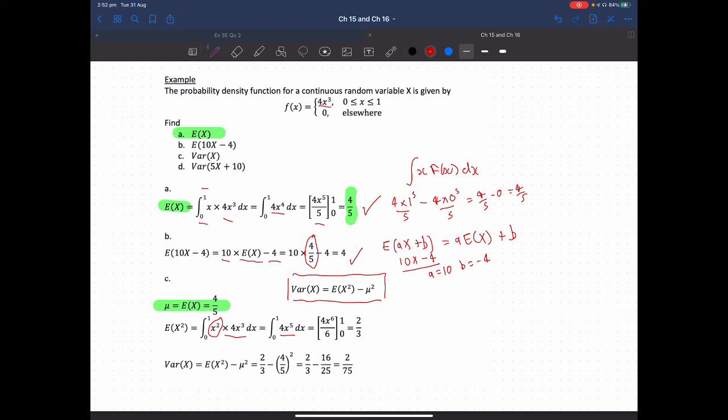Anti-differentiating 4x to the 5, we get 4x to the 6 over 6, which of course we could write as 2x to the power of 6 over 3. Substituting in the values for terminals, 1 first, minus then substituting in the 0, we will get 2/3. So our expected value of x squared is 2/3.